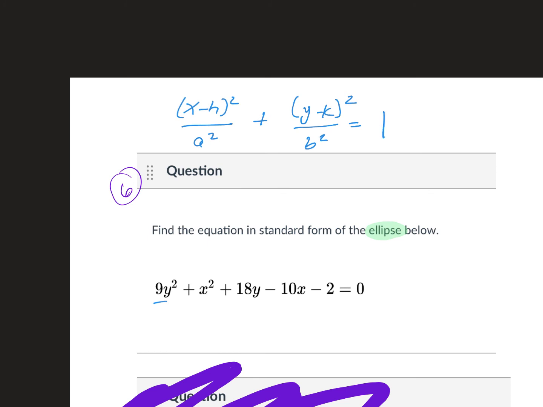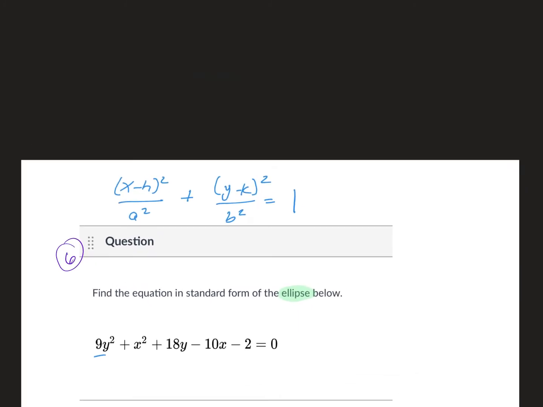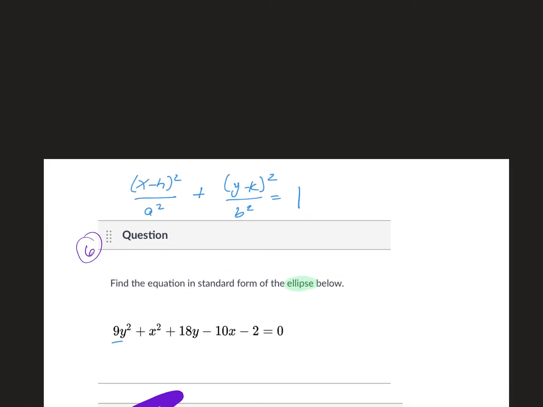All right. What do we know about the a and the b value when you're talking about an ellipse? Not necessarily that the a value is bigger. Whatever the major axis is, that's the bigger variable. Right? Is that the easiest way to say that, Ms. Garber? Is that for hyperbolas? Ellipse.